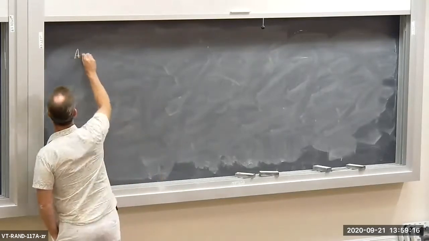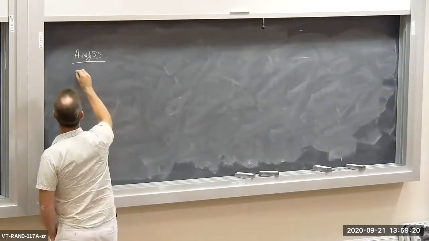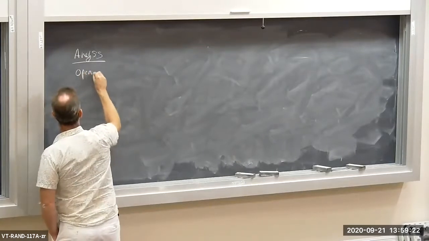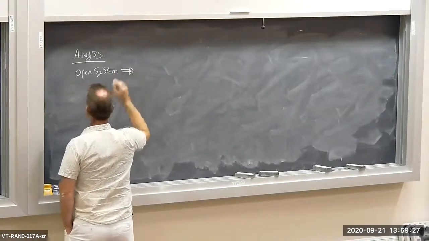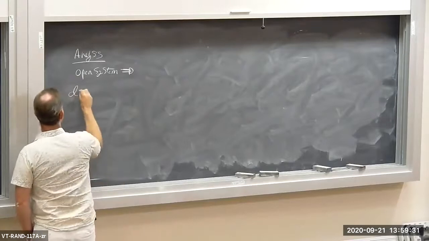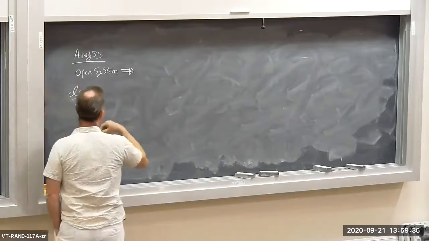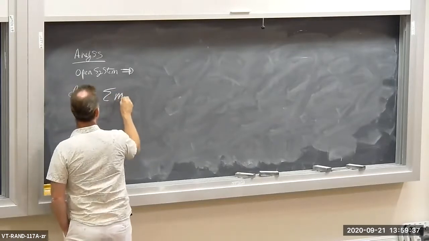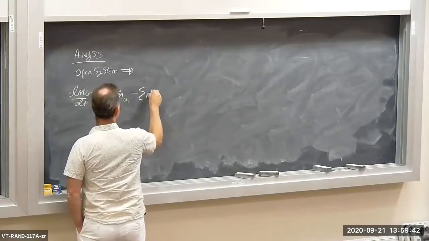So analysis. So we have an open system. So let's write conservation of mass down for our open system. The change in mass within the control volume with respect to time is equal to the sum m dot in minus the sum m dot out.